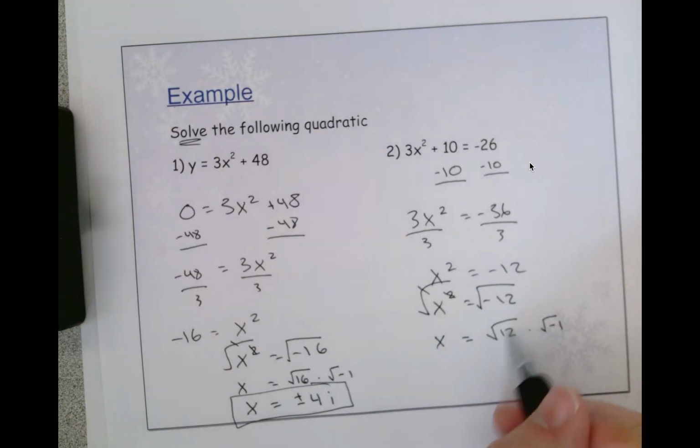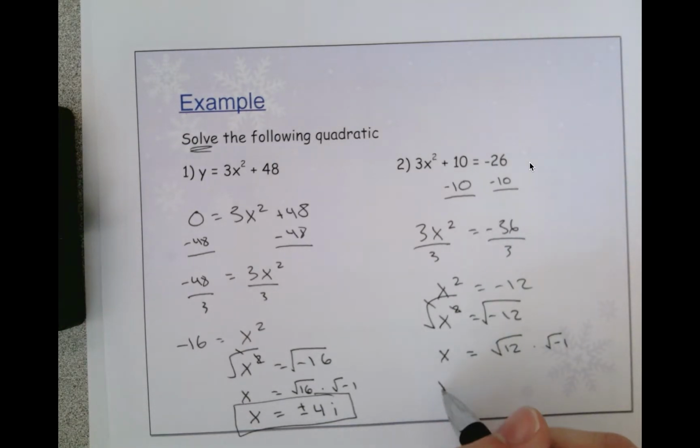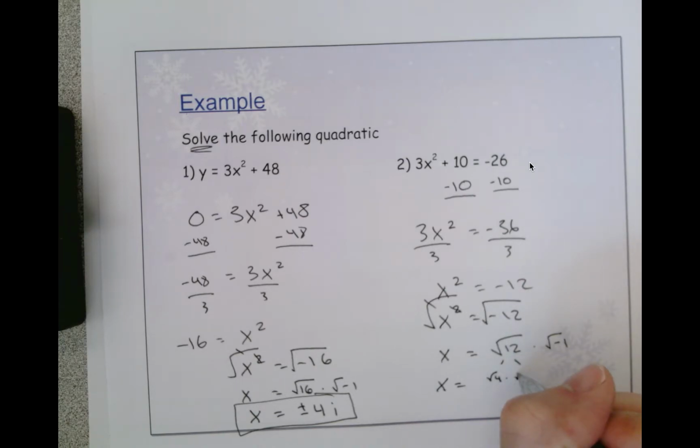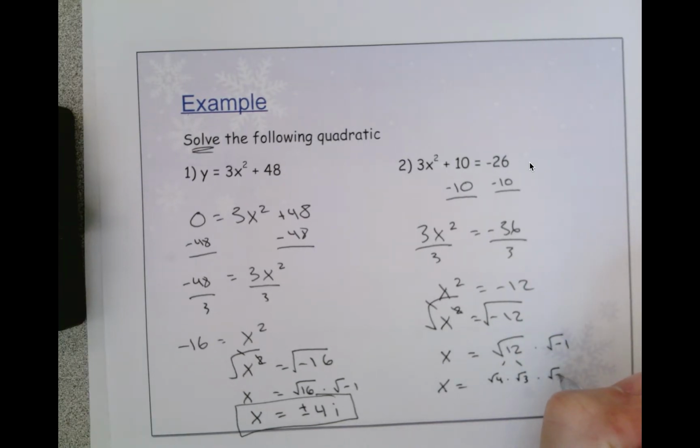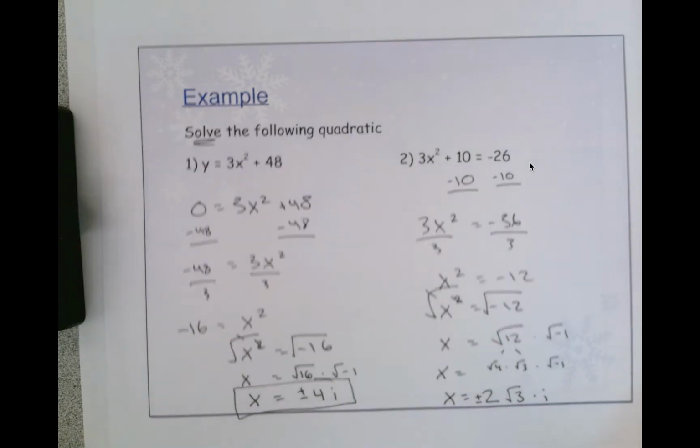So I have to go through and break this down like I would any other square root. I have to either use prime factorization or my number sense method. I'm going to go ahead and use the number sense method. That breaks down into the square root of 4 and the square root of 3, all still multiplied by the square root of negative 1. That square root of 4 becomes 2, plus or minus 2 times the square root of 3, and we can change this to become i.